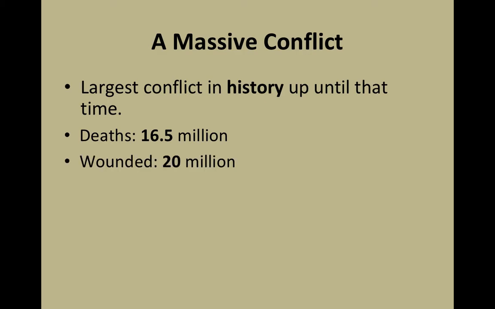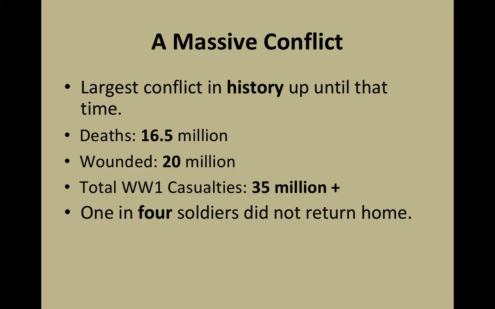Another 20 million were wounded. And the other reason why you'll hear casualties: casualties can mean deaths and wounded. So that's sometimes why you see majorly different numbers as well, because some are only counting the deaths, some are counting wounded and deaths.